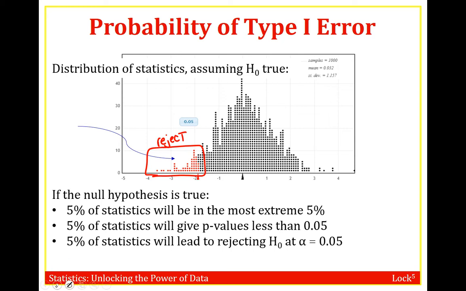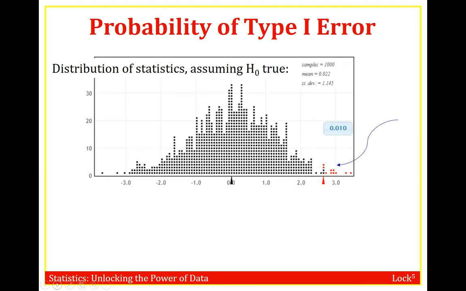It means I have a 5% chance of a type 1 error. If the alpha level is 5% or 0.05, then 5% of the data will cause me to make an error. Seems crazy, right? Well, that's why we'll talk about changing that alpha level and making it harder for this to happen.